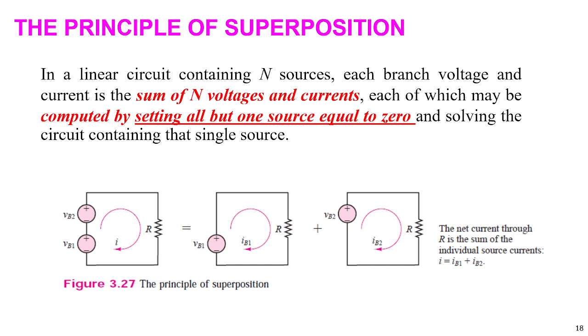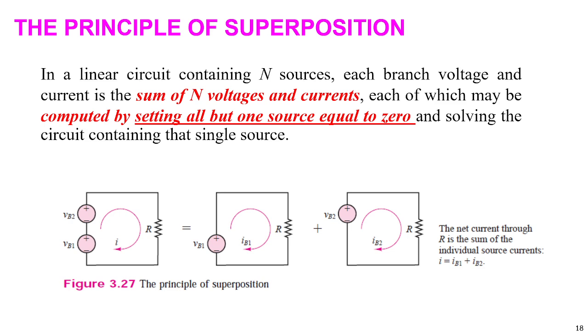Okay, now we talk about the principle of superposition. What is superposition? This theorem states that if we have many sources in the circuit, we can solve the sources one by one, and we will get a simpler circuit to solve.